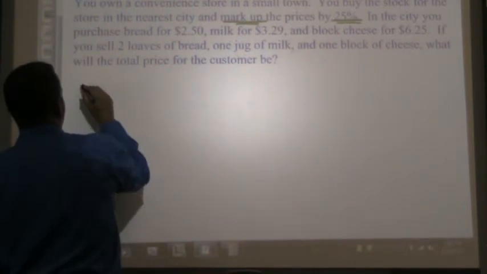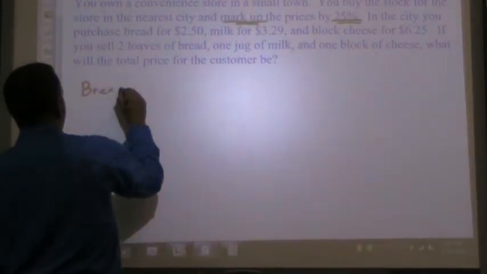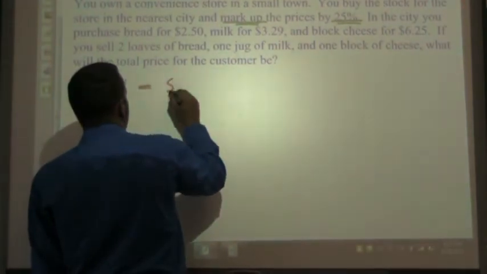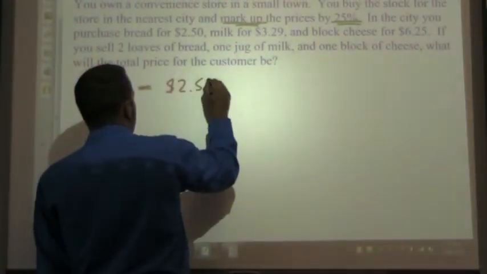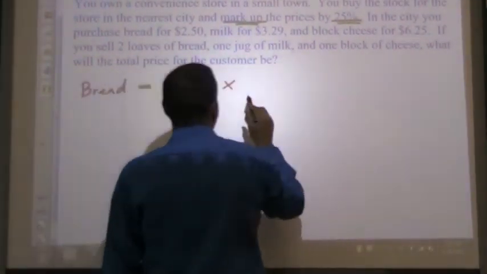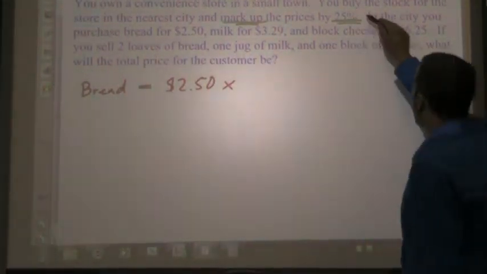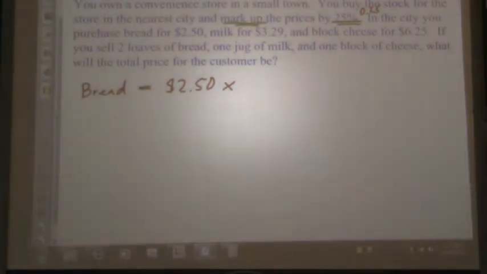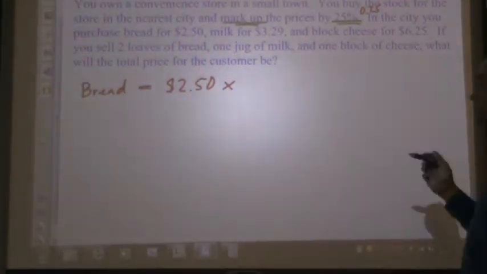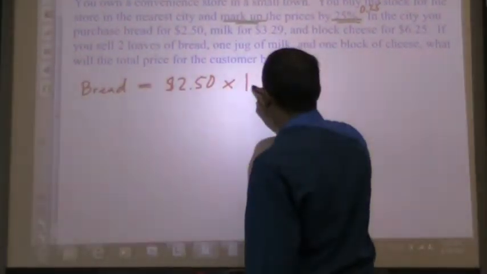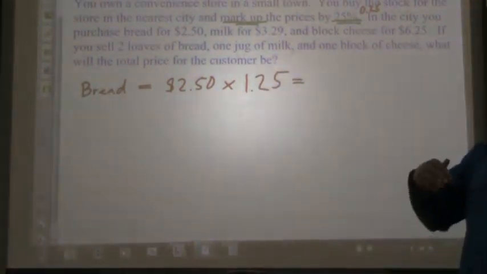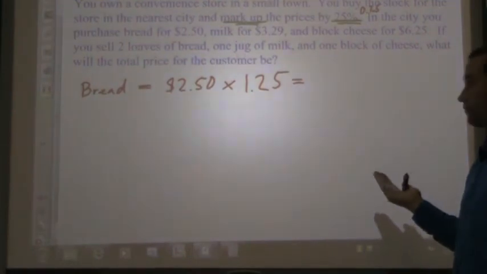Okay? So here's what we do. We'll start with the bread. Right? You take your original price, which is $2.50, and 25% as a decimal is 0.25. So instead of multiplying it by 0.25, I'm going to multiply it by 1.25. And that will automatically give me the final price of the item.